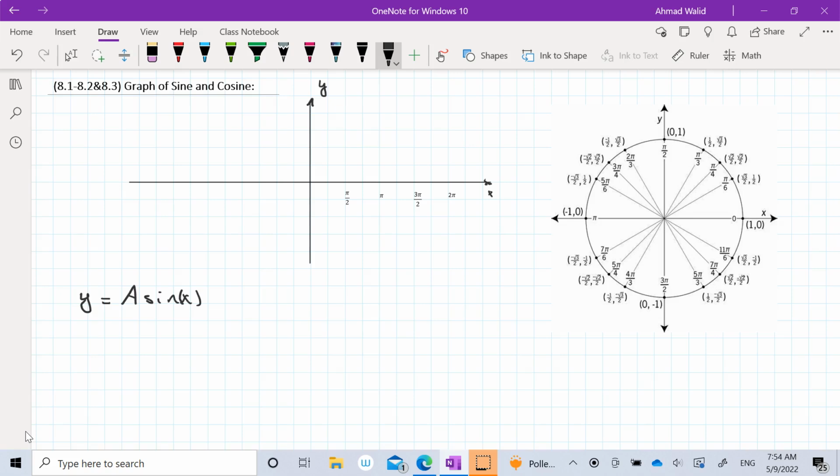Excuse me. Let me explain here the coordinate system for you. As you see, I have the x-axis and I have the y-axis. Remember, x is our input, correct? And y is our output.